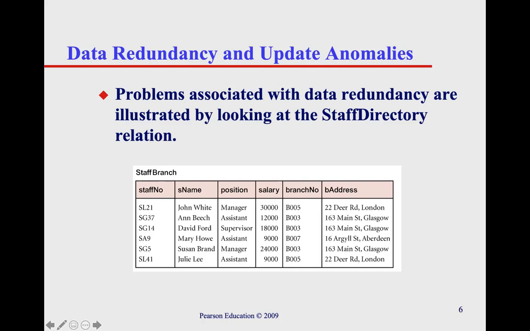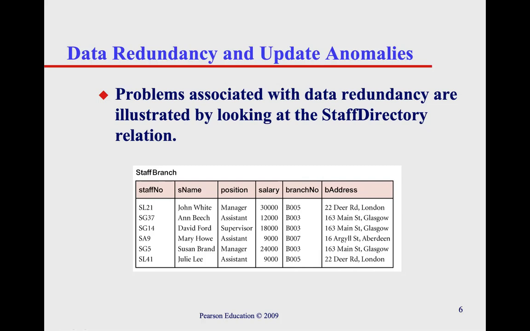Nonetheless, I would like to record the fact that I have a new branch, say B10, going in at 1678 Cardiff Road. It turns out that I can't insert that tuple into this relation because it doesn't have any staff associated with it.